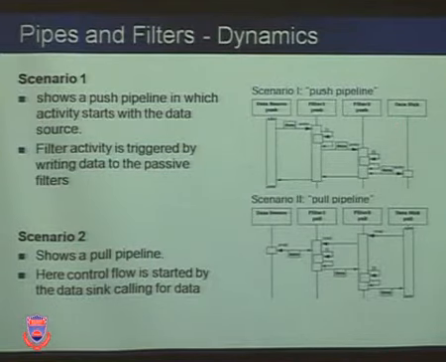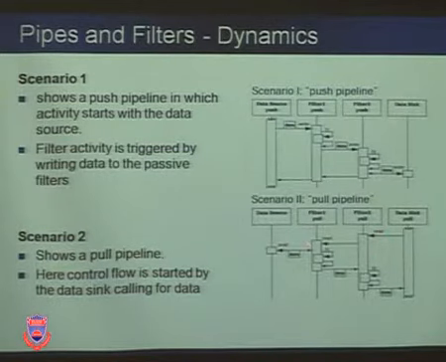You could also have a pull pipeline. Your data source is not active, it's passive. It's just a repository, but some filter pulls the data from the data source. The control flow is started by the data sink calling for data. It provides a read request to the filter.